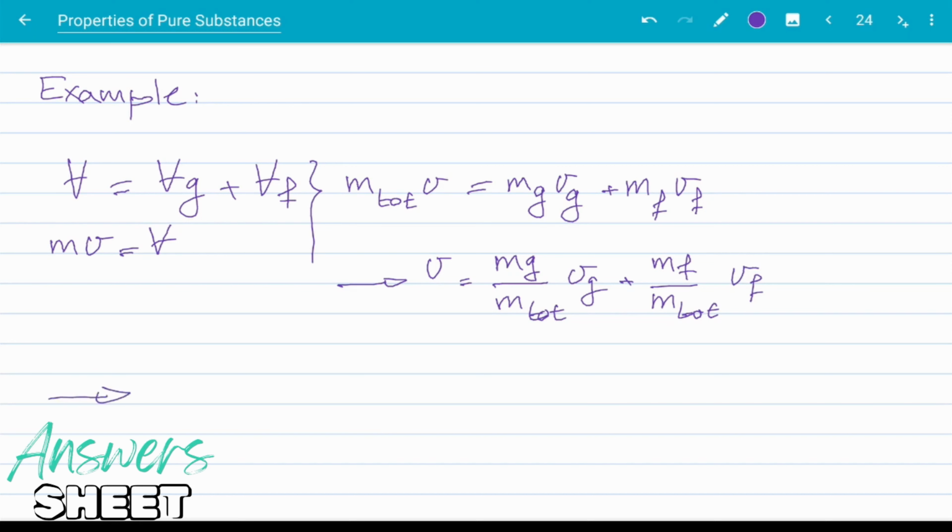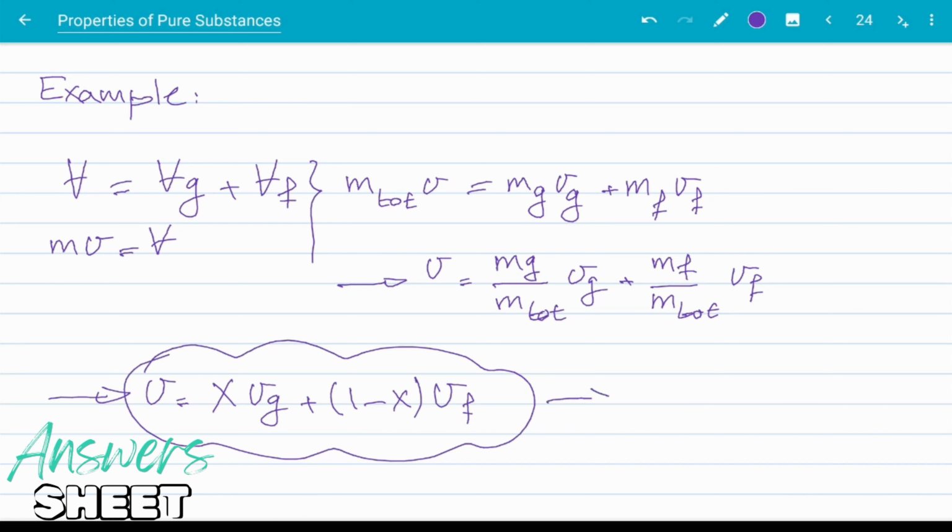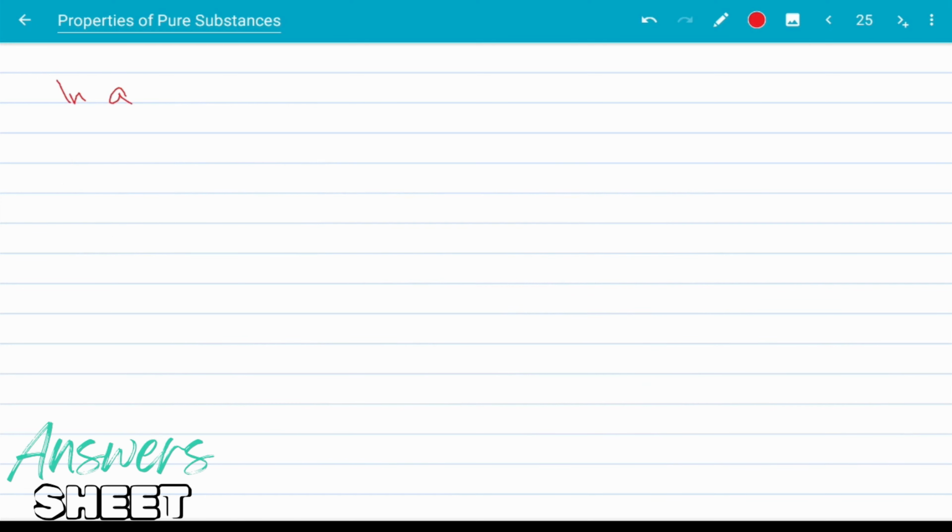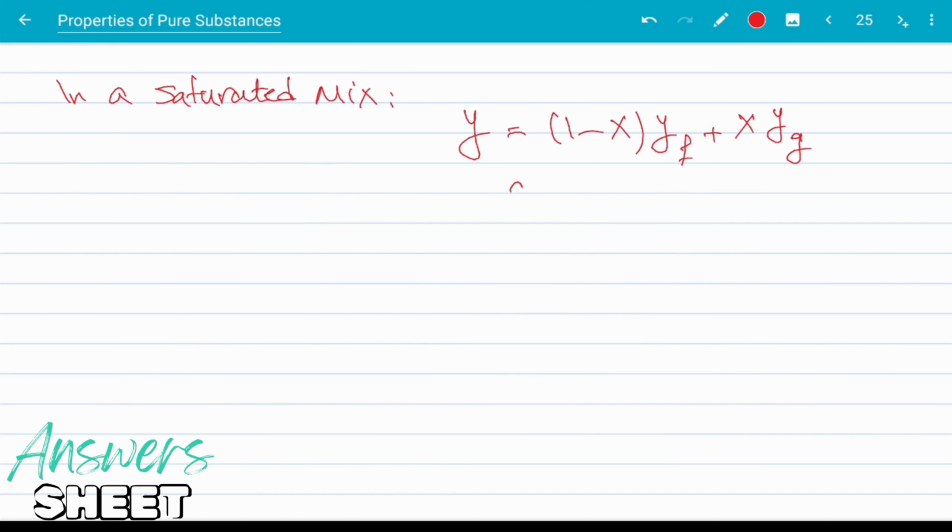Now do a bit of algebra and we get x v_g plus (1 minus x) v_f. We can rewrite it into this equation. So just to recap, in a saturated mixture, any property can be found using these equations.